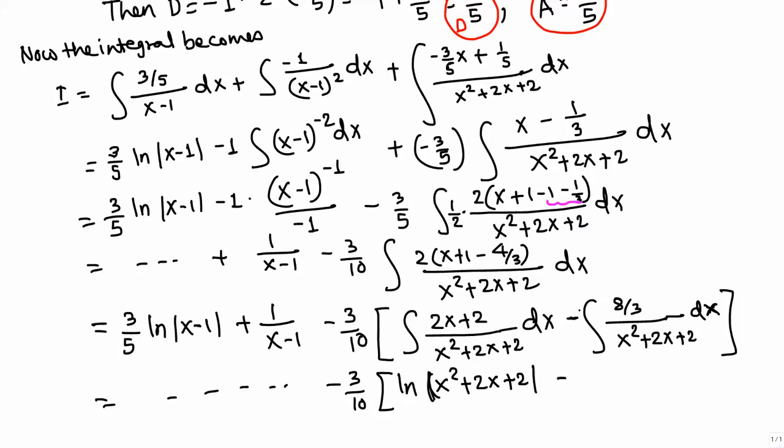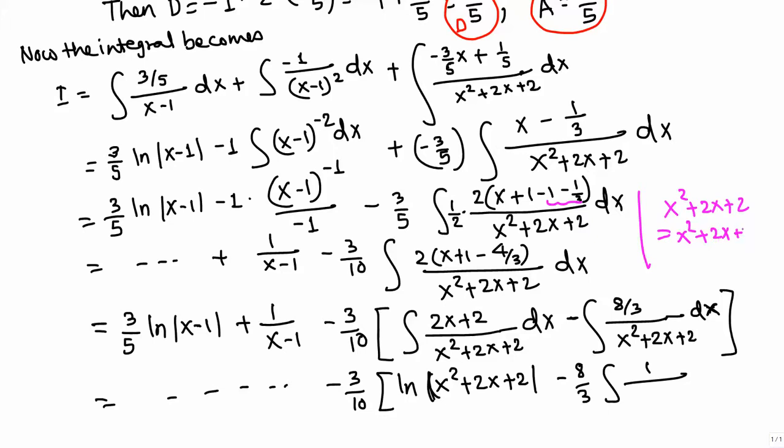Minus 8/3 can be pulled outside, that's the constant. 1 over this is irreducible, it doesn't factor, so we need to complete the square. X squared plus 2x plus 2 is like this: x squared plus 2x plus 2. That is in fact x squared plus 2x. We need to add half of 2 squared. Half of 2 is 1. 1 squared is 1.